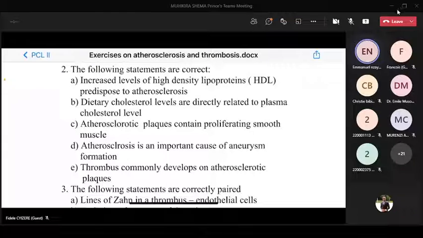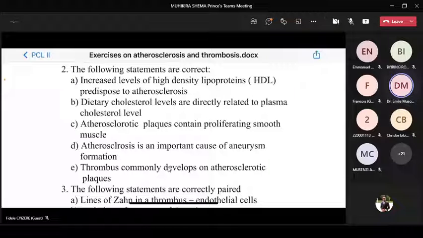It is true. Atherosclerosis, it is true. What about number E? Number E is true. This is true because the atherosclerosis is a kind of thrombus.